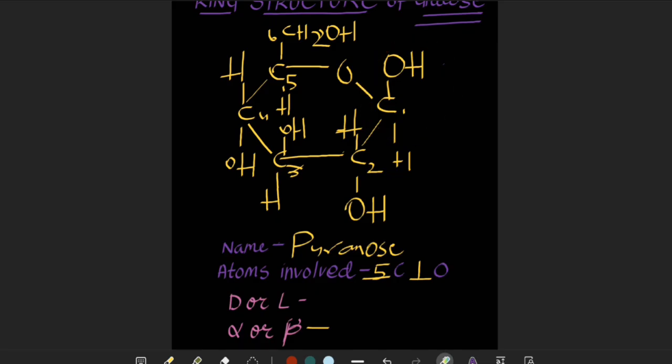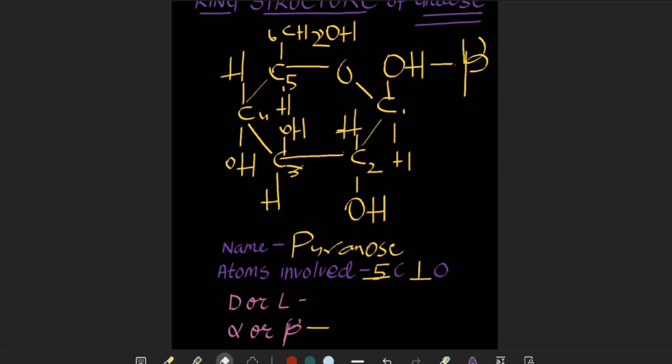So when the OH is upwards, we are going to take it as beta. We have to consider the first carbon, which was actually the aldehyde group, right? So if the OH is present in the upwards direction, then we call it beta.